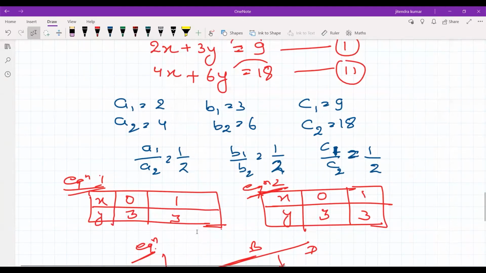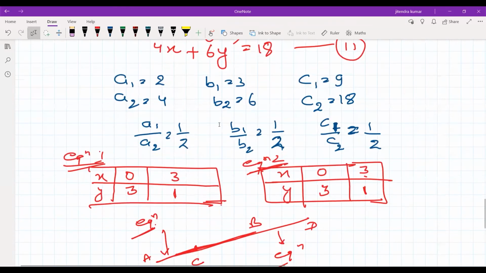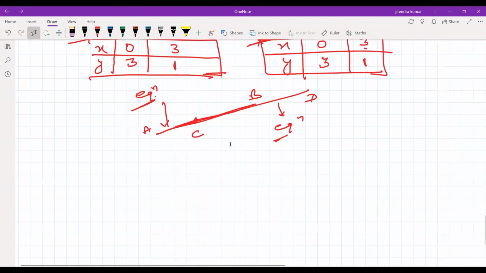Okay, so you just have to change it here. I just wrote it wrong. y will be 1 and x will be 3. Here also y will be 1 and x will be 3. Okay, now it is right, Akshita? Yes, sir. Okay, thank you. Welcome, sir.